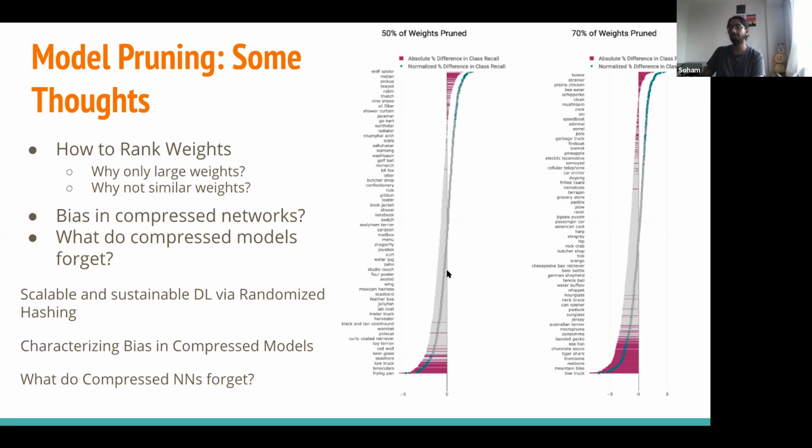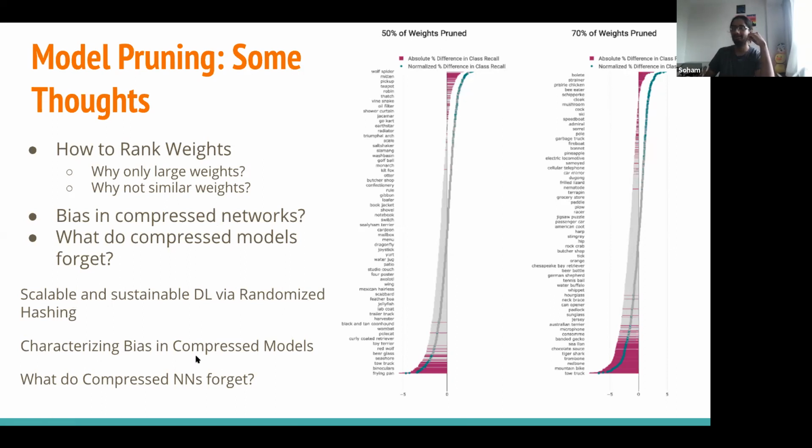So the first paper, where we want to only prune those weights where the weights and activations are not similar, is called Scalable and Sustainable Deep Learning via Randomized Hashing.